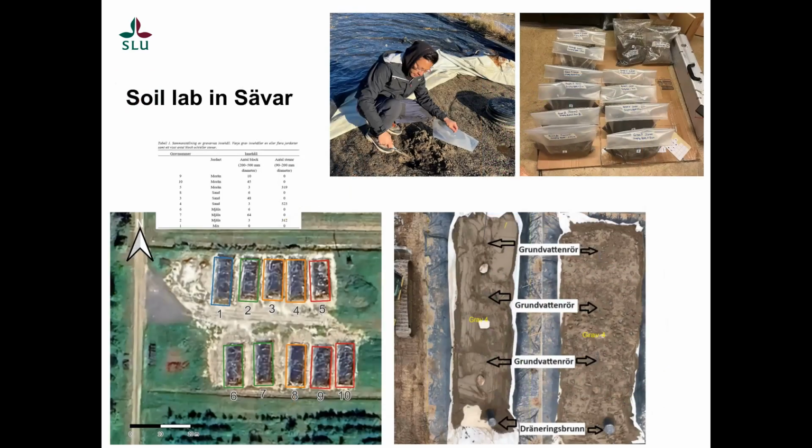So this is an overview of these graves that I mentioned outside of Sävar. We have 10 different graves with different soil compositions. And we of course asked for specific types of soil that we put into this, so we can quantify the effect of different types.